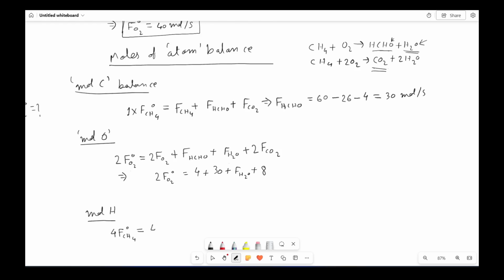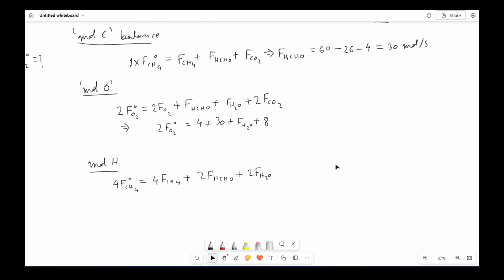So we will write 4 into FCH4 plus HCHO has two atoms in a single molecule, 2FHCHO, plus in water there are also two atoms in a single molecule of water, 2 into FH2O. And any other? No, there is no other species that has hydrogen atom. So this is our expression.